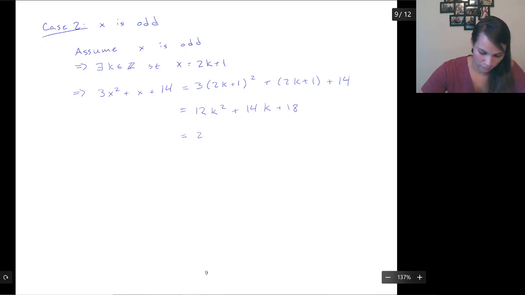And then we can clearly factor out a 2 from this, which is equal to 2k bar for k bar equals 6x squared plus 7k plus 9, which is an integer.